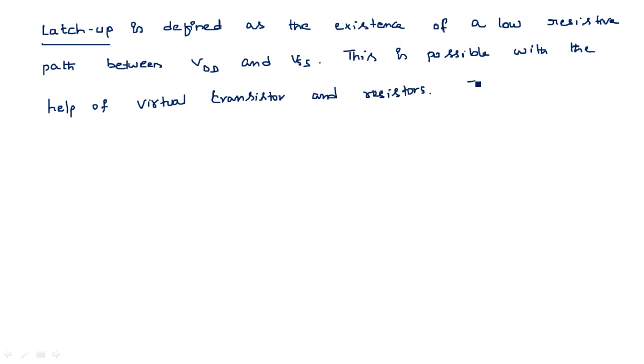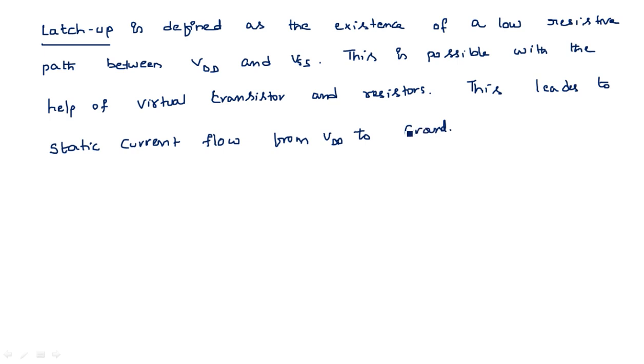This leads to static current flow from VDD to ground. Okay, so we can say this is a problem. We can say latch up is a problem in the CMOS circuitry.